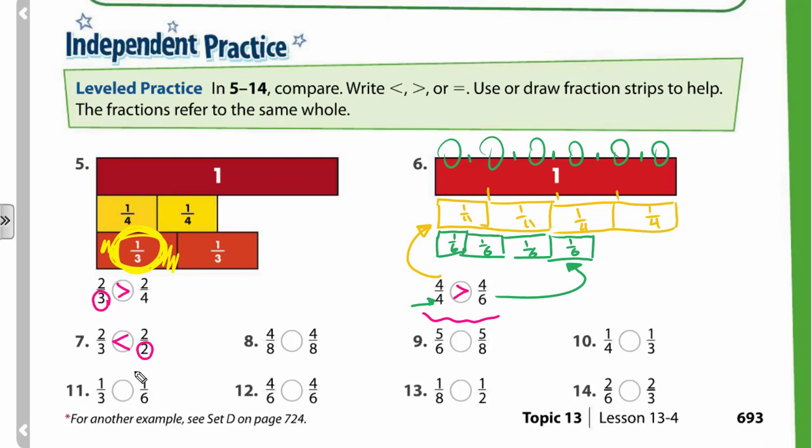Hazem. Okay, Hazem, this one is equal, right? Solve question 9. The small denominator gives big fraction. You are a star. Thank you, my hero.